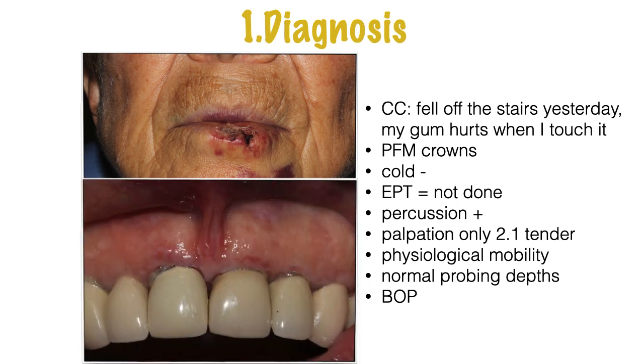Let me go to the next. There we go. During palpation, only 2-1 was tender. All seemed to have physiological mobility and normal probing depths, but they all had bleeding on probing. But look at the condition of this tissue here. It was all inflamed.